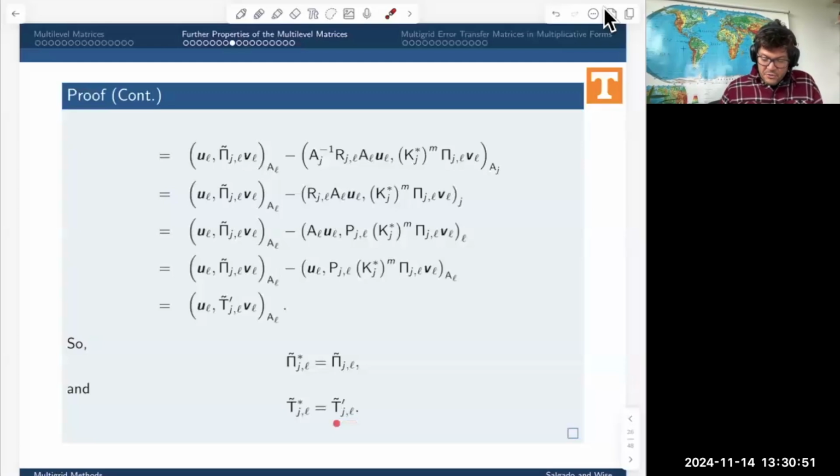So this can be self-adjoint whenever we have SJ transpose is equal to SJ. In other words, my smoothing iterator matrix is symmetric. Then this guy really will be self-adjoint. So just a small remark there.